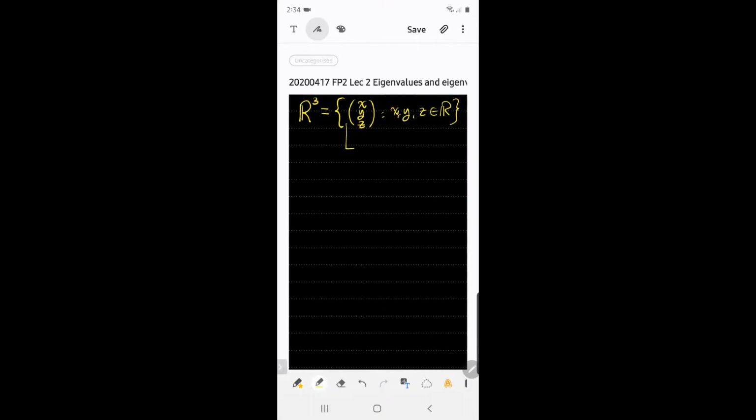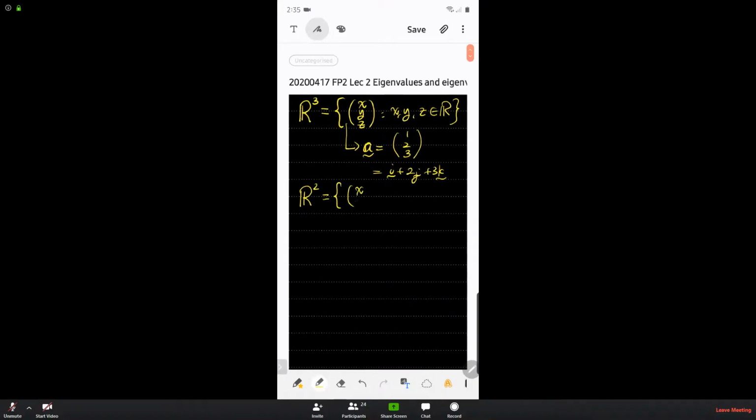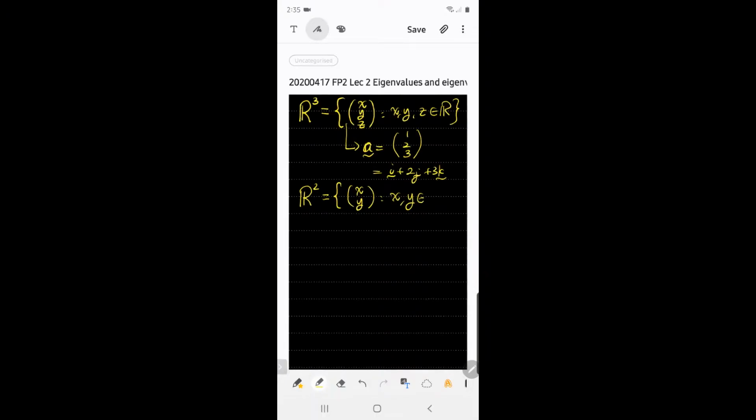For example, the vectors. Let's say vector A is equal to 1, 2, and 3. So 1, 2, and 3 means i plus 2j plus 3k. This will be an element in R3. So what is R2? R2 means you have any vector in the form x, y, where x and y are both real numbers.